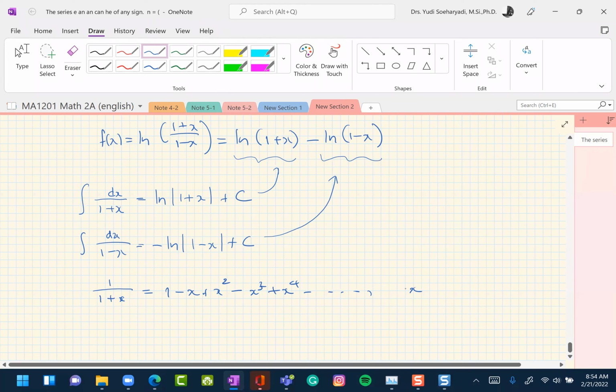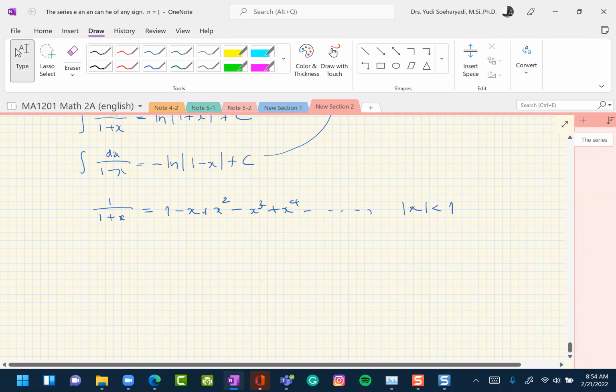And this is true for x with absolute value less than 1. All right. And if you integrate this, okay, you get ln of 1 plus x. And you get the integration for this, just x minus x squared over 2 plus x cubed over 3.